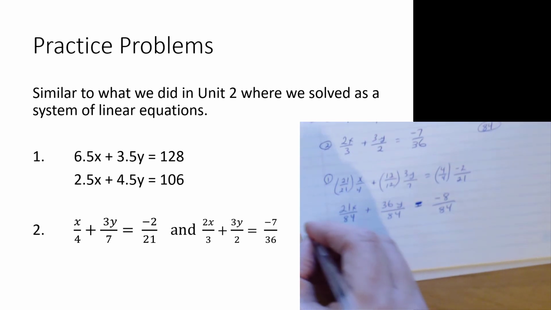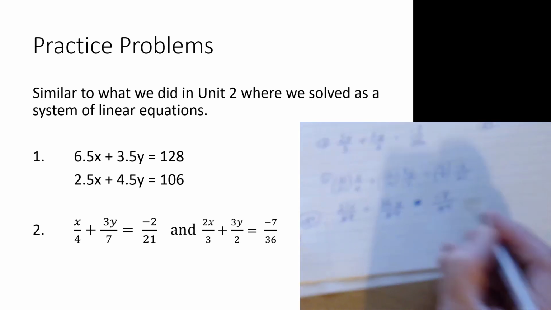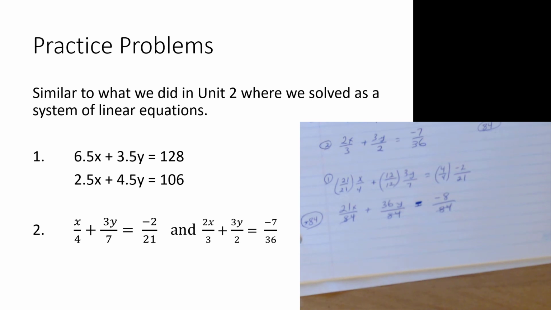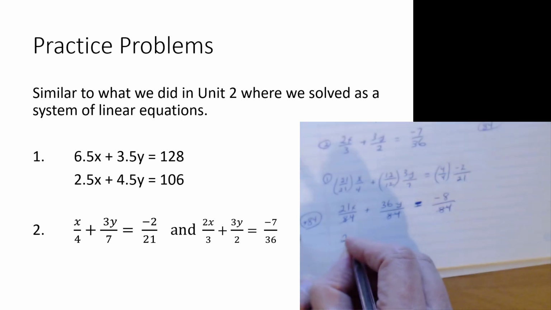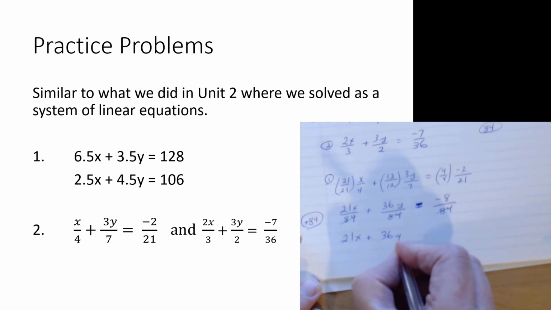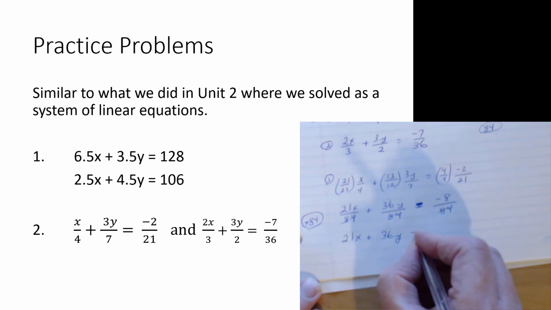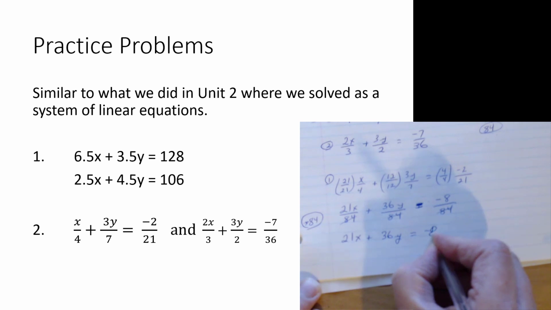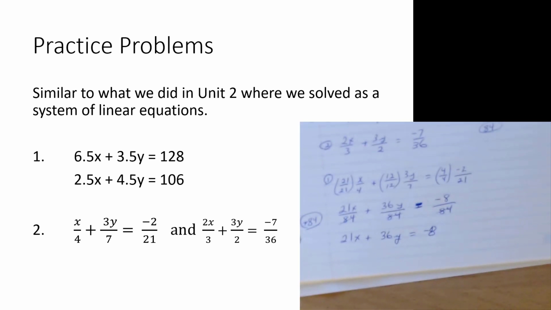Okay. So now I can just multiply by 84. That all drops off. And I end up with 21x plus 36y equals minus 8. Okay. So there's my first equation.